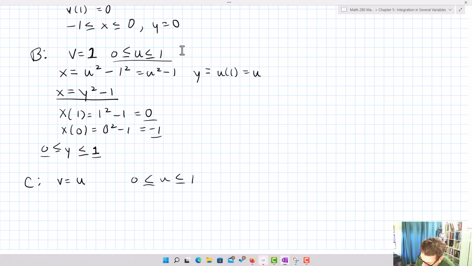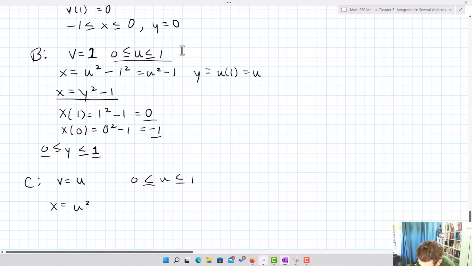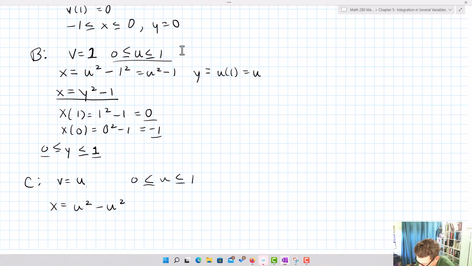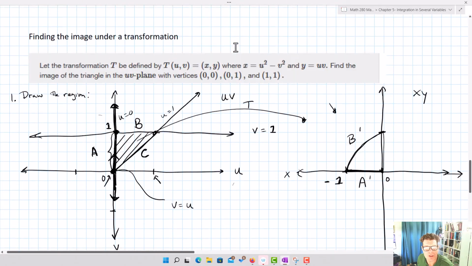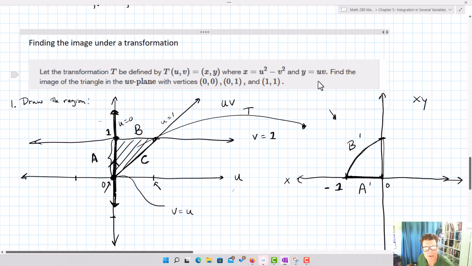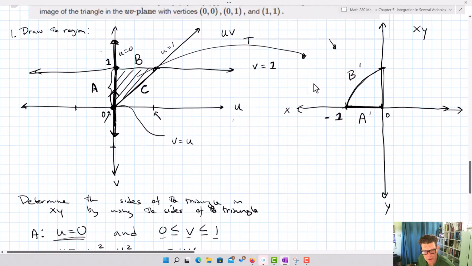Plug that in now. We get that x is going to equal u squared minus u squared, because u equals v. We had u squared minus v squared, so it's going to be u squared minus u squared. And y is going to equal u times u, which equals u squared. All I did was plug it back into my transformation equations.